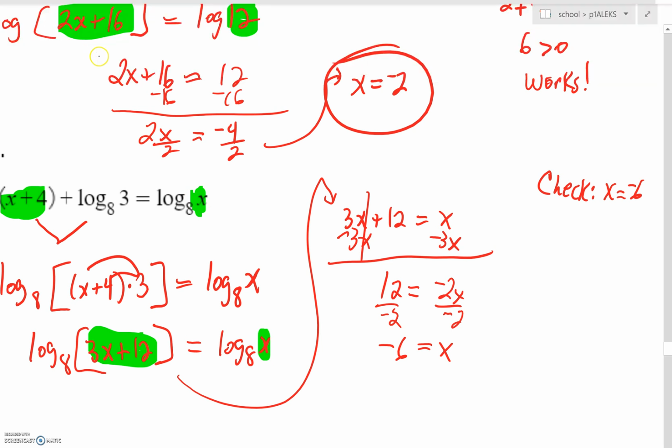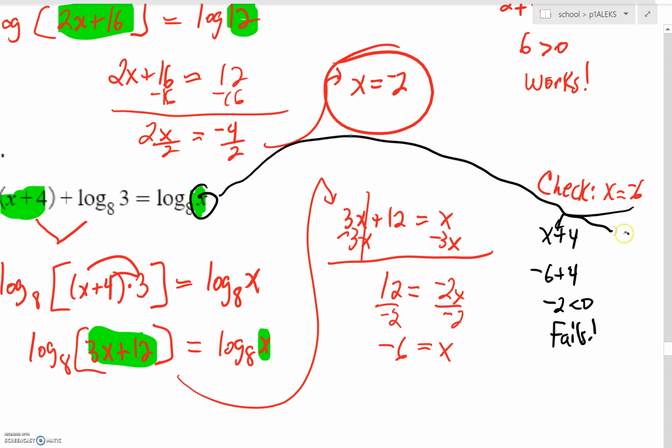And guys, we're in trouble. Because when you plug in negative 6 into that x plus 4, you get negative 2. This fails. By the way, your other inside part would have just been x itself, and you'd immediately see that you're in trouble. There's no solution here.